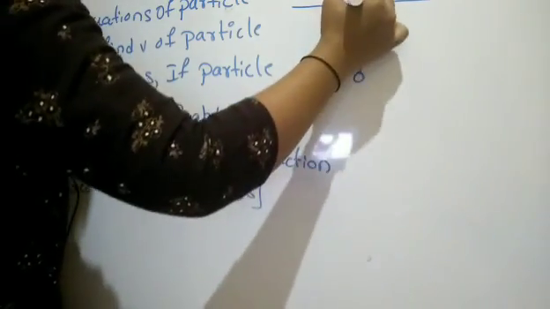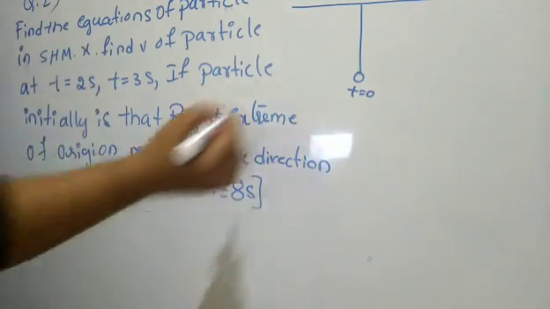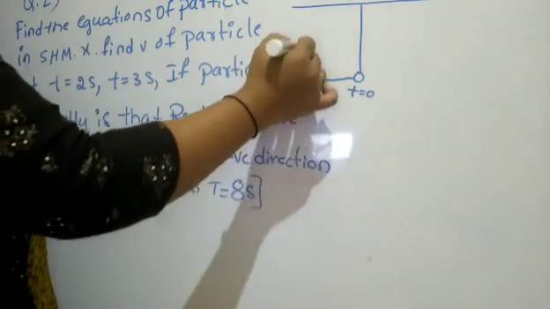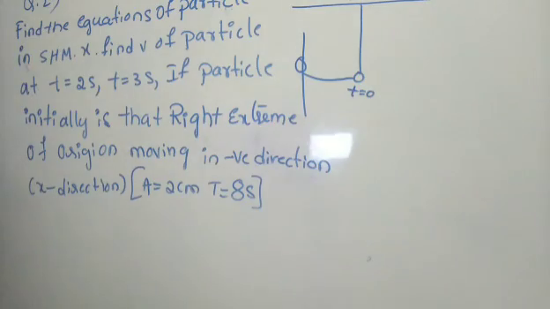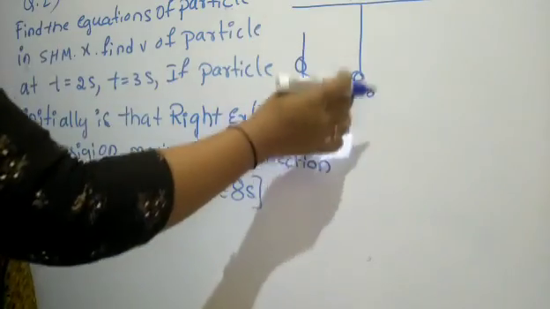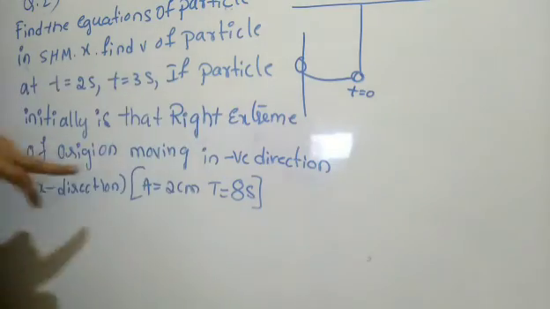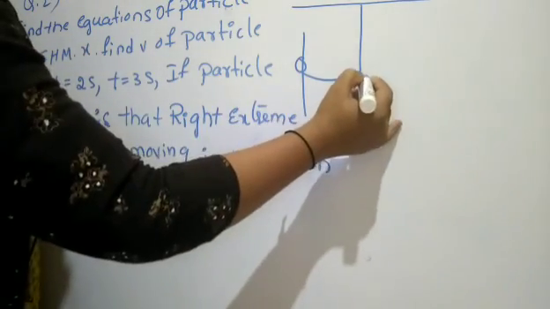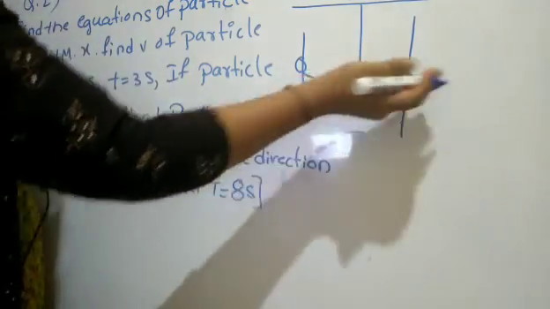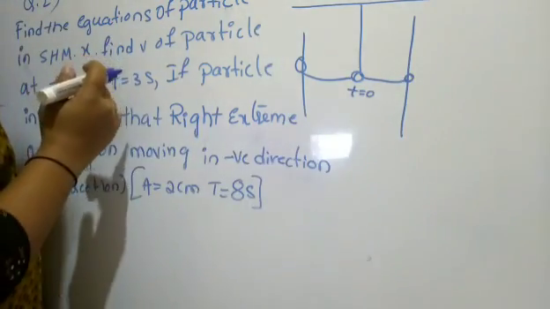This is the mean position where x = 0 and t = 0. The condition is that it is at the right extreme position, moving in the negative x direction. Initially it is at the right extreme of the origin, which means first it moves towards the positive direction, then it will come back to the negative direction.